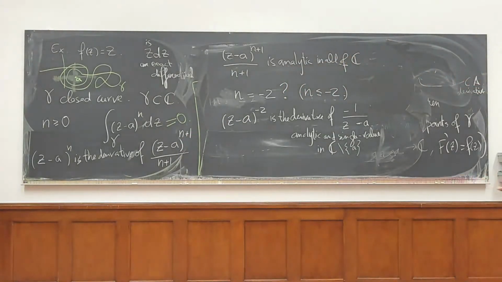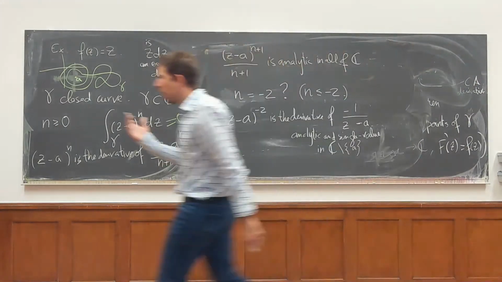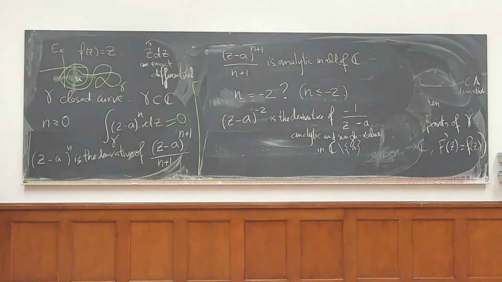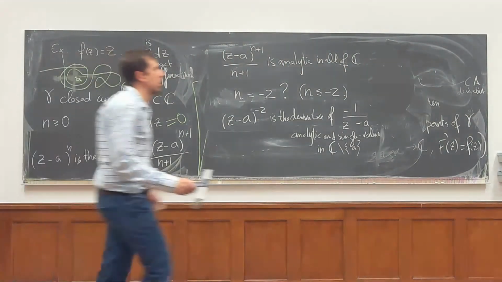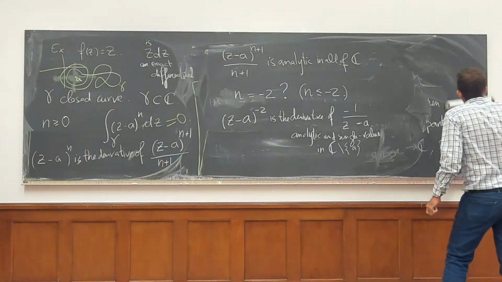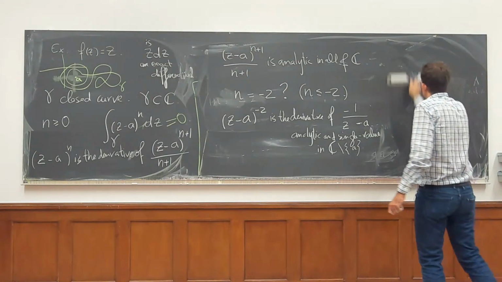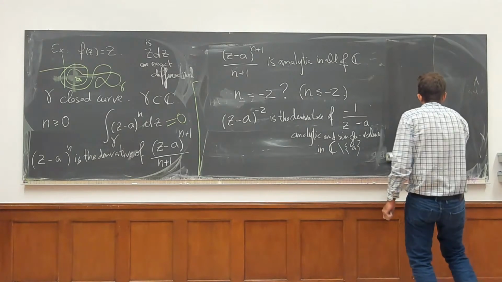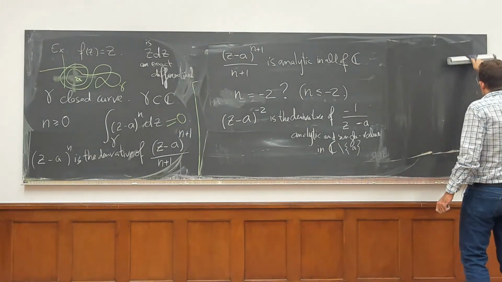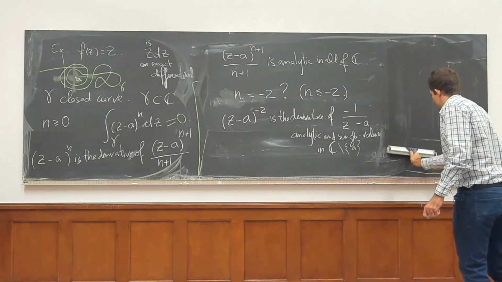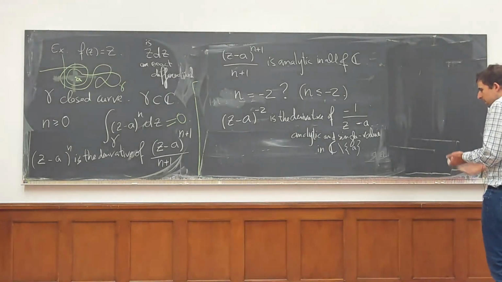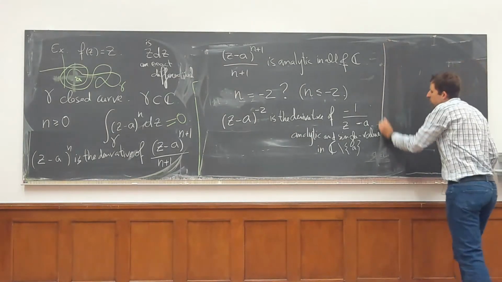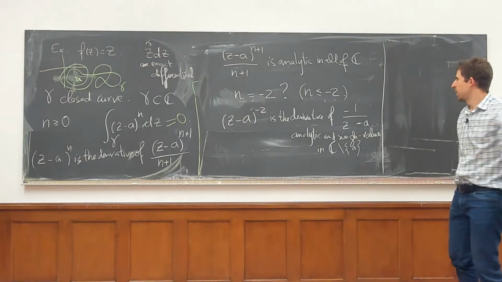Okay. Now for the cool thing in the last 2 minutes: what happens for n equals −1? This is a key feature of complex integration, complex analysis.